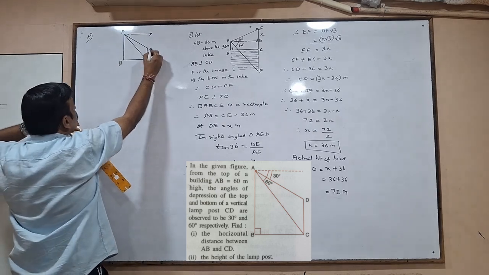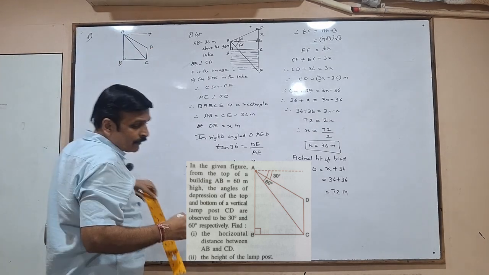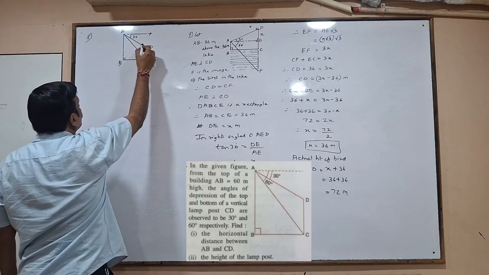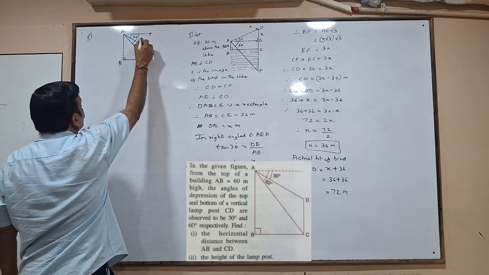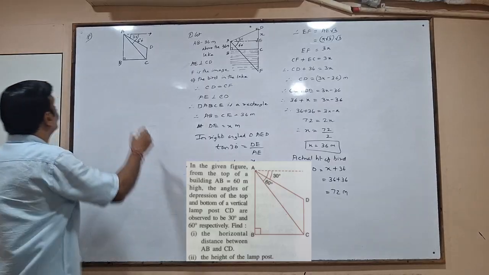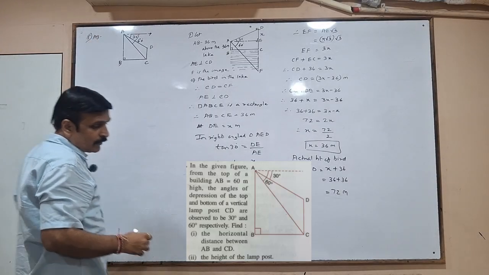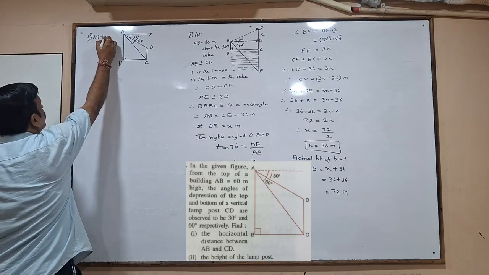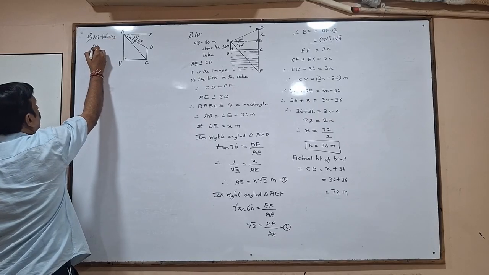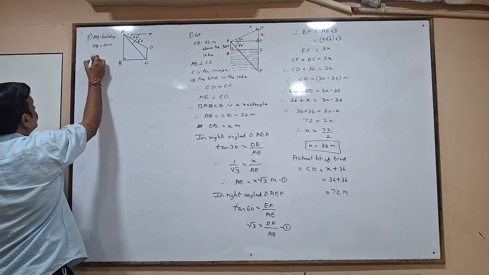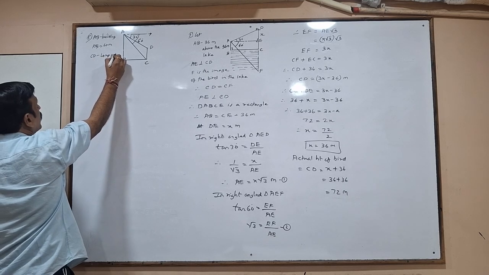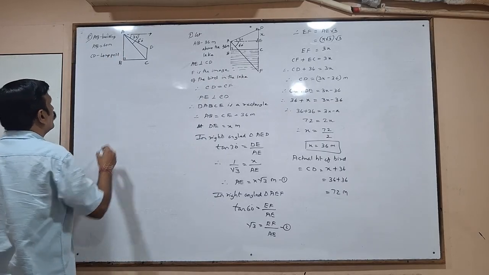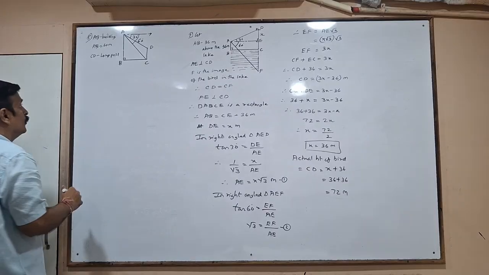A, B, C, D, 30 and 60 degree. What is AB here? Top of a building. AB is the building and AB is 60 meter. CD is the lamp post. We want to calculate the height of the lamp post.